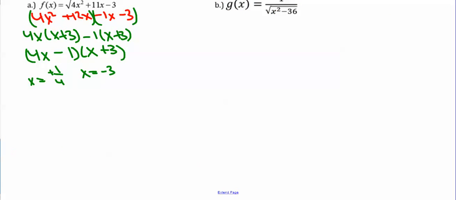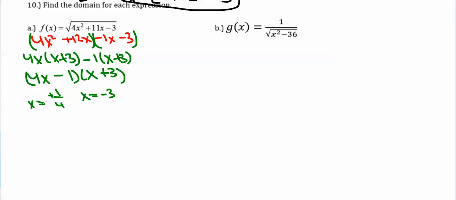All right. Whenever we are solving or finding the domain with a quadratic function, we always have to test the points. If I draw a number line and I write my solutions, negative 3 and 1/4, I need to test each section to see if it's true. First, I'll test 0, which is right here.